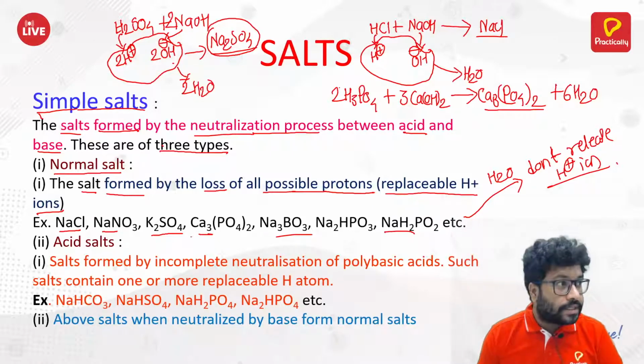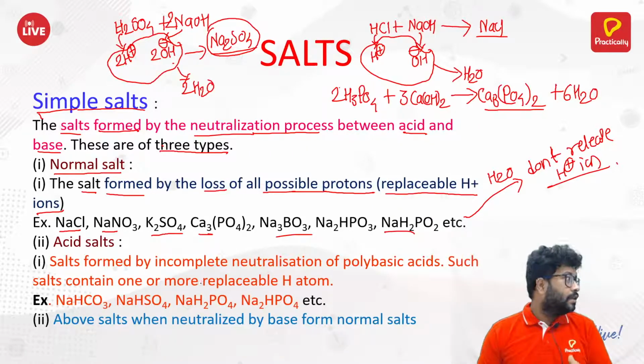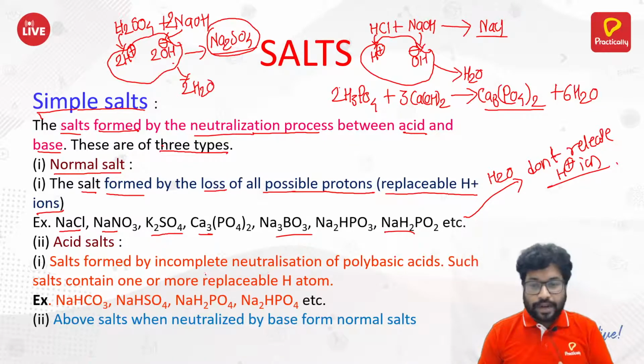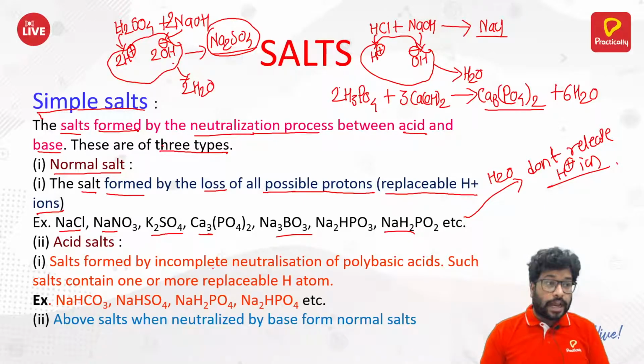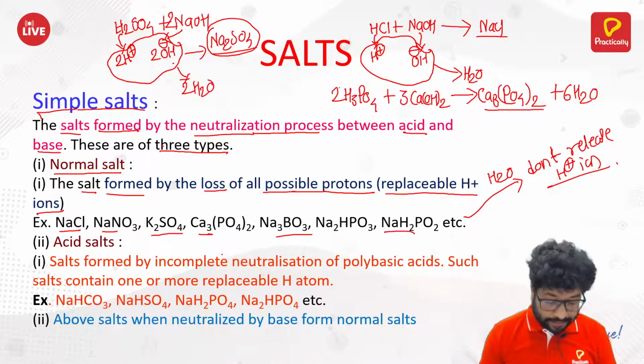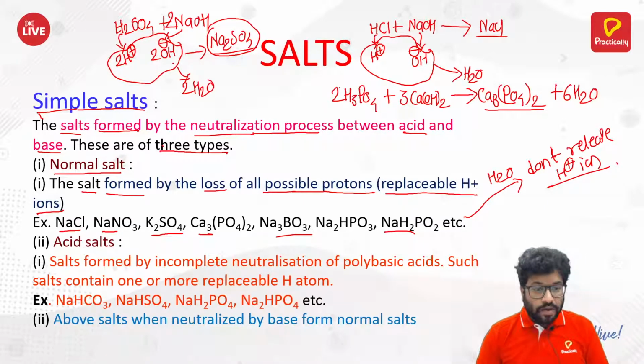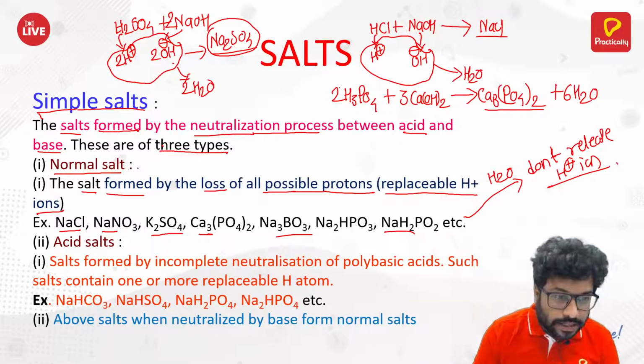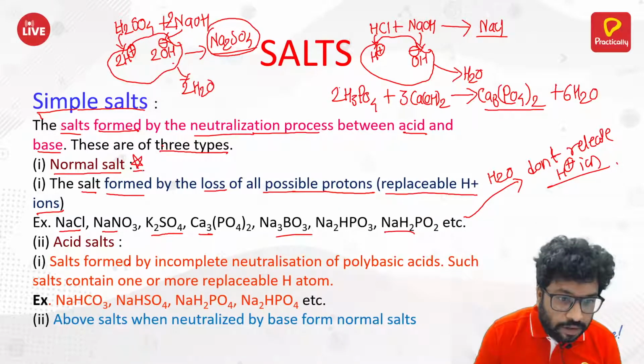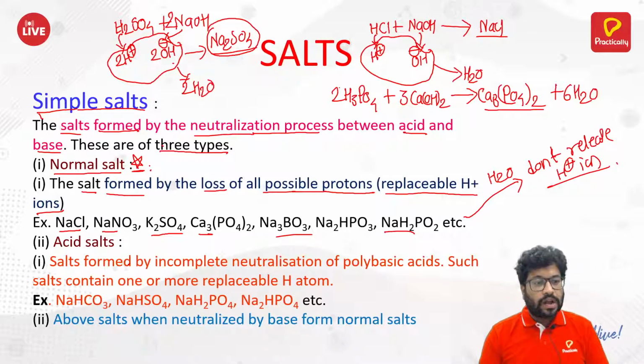Having an ionizable hydrogen is a sign of acidity, right? If you don't have an ionizable hydrogen, that means it's not acidic. Now, all of these compounds have been formed when the base abstracts all the protons from your acid. That is what is called normal salt.